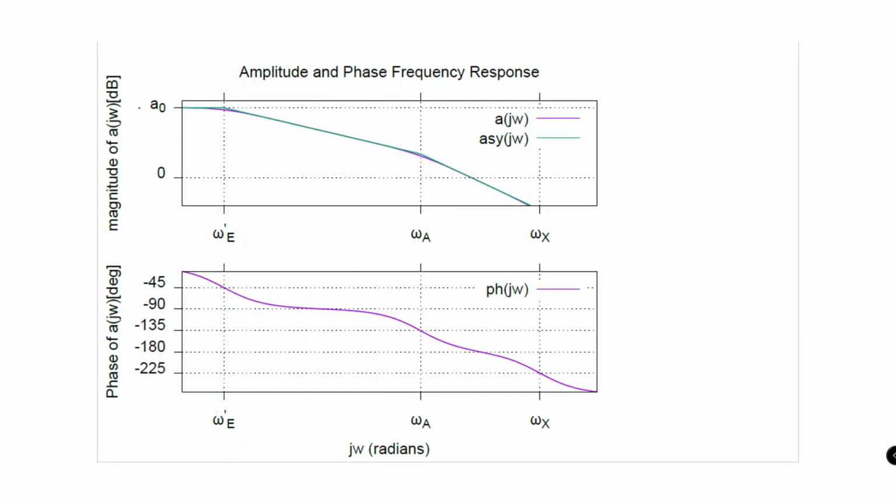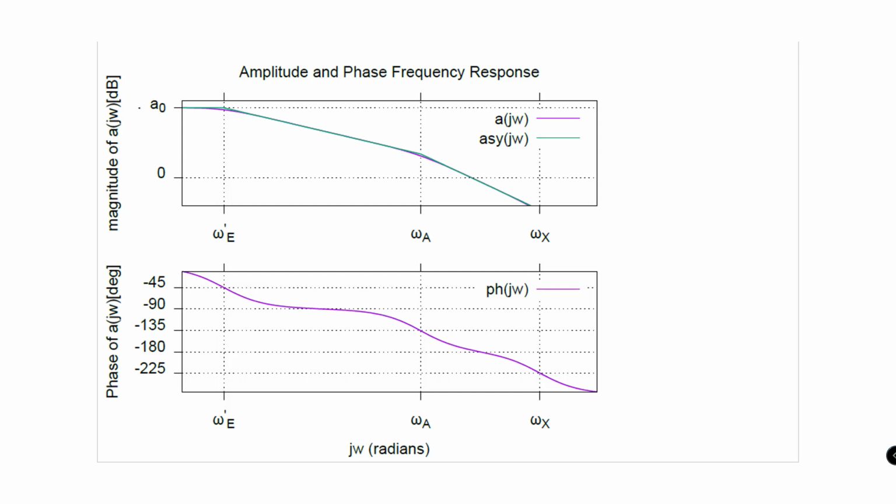Now, one of the most important tasks of compensation is to push this dominant pole towards the origin such that we end up having a positive phase margin. This positive phase margin would certainly make our system stable.